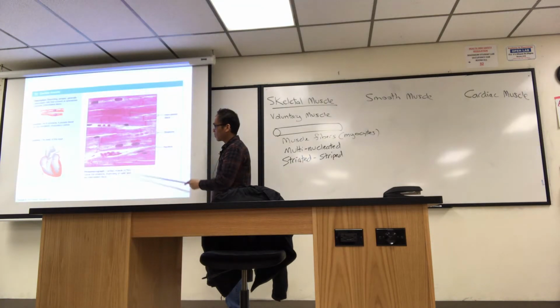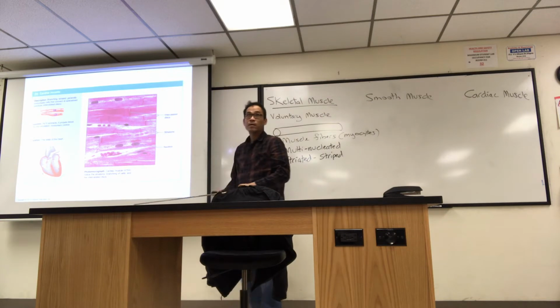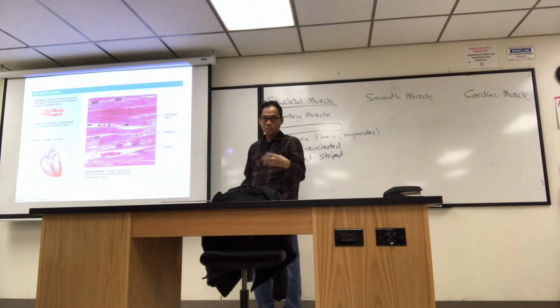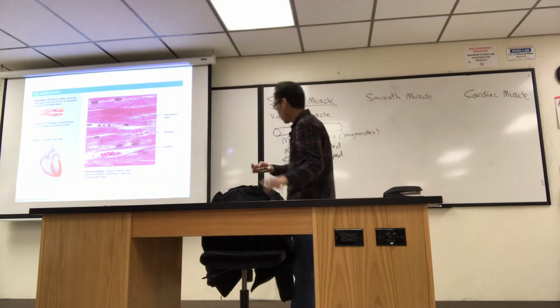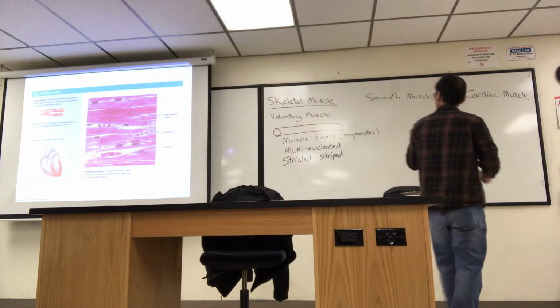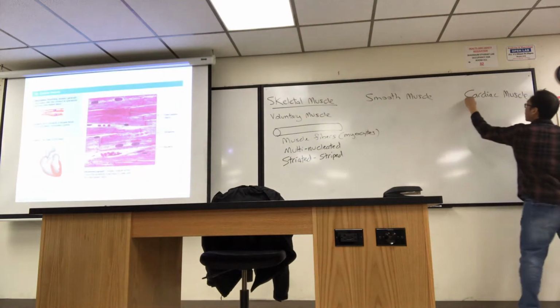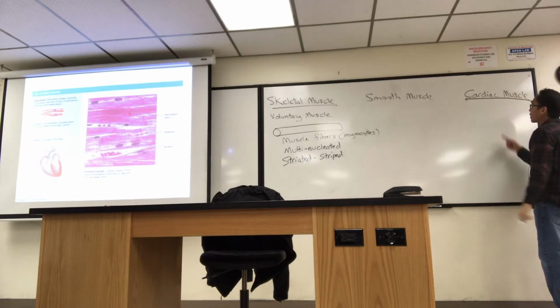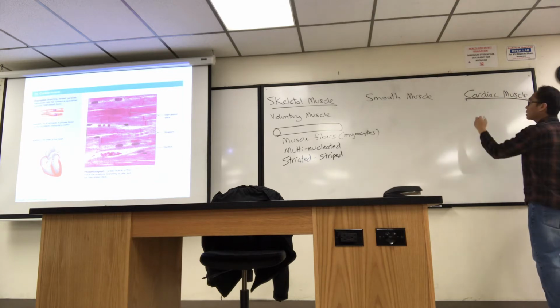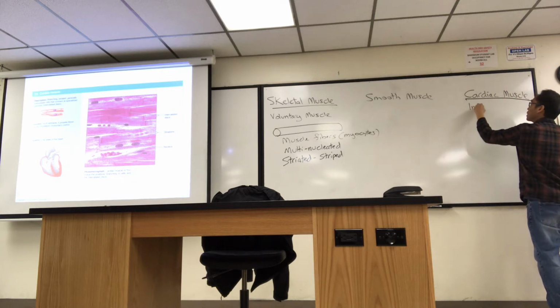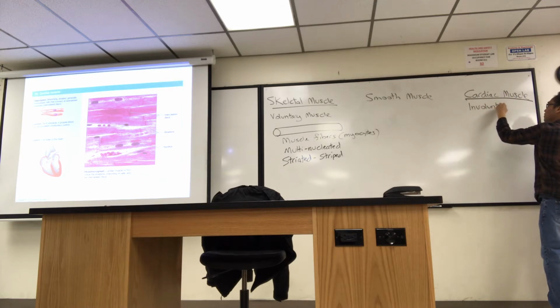In cardiac muscle, the fibers have a more branched appearance, and the branching is so that the nerve impulse can spread throughout the heart easily during a heartbeat. But cardiac muscle is not voluntary, it's involuntary. Your heart beats by itself without conscious thought. So it's involuntary muscle.